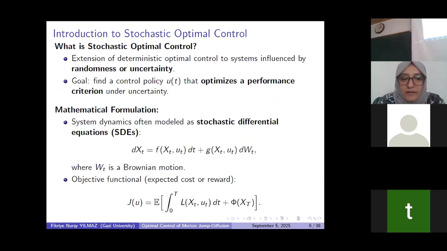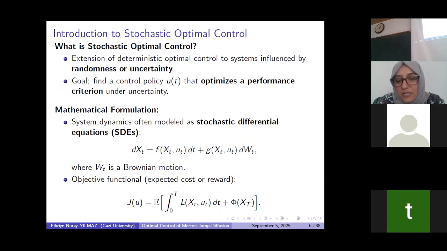So I will give a formulation for stochastic optimal control. An optimal control problem consists of a control and a state variable.